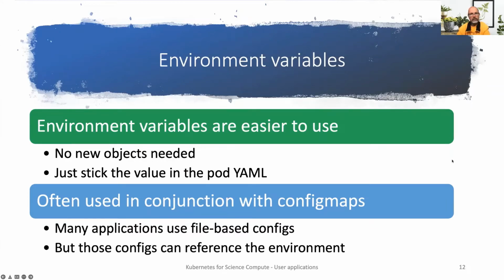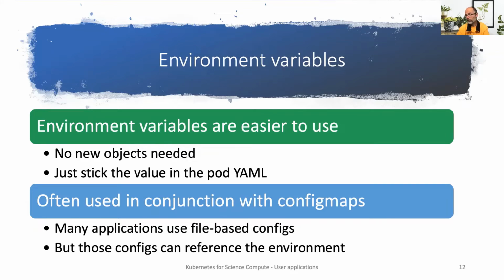The other option, as I said, is environment variables. And environment variables are definitely easier to use because you don't need to create an environment variable object. You just list the environment variables you want defined inside your pod and just use them. Why would you do that? Well, you probably have some kind of script or executable that can use those environment variables.